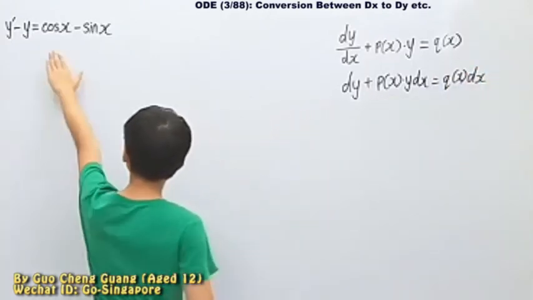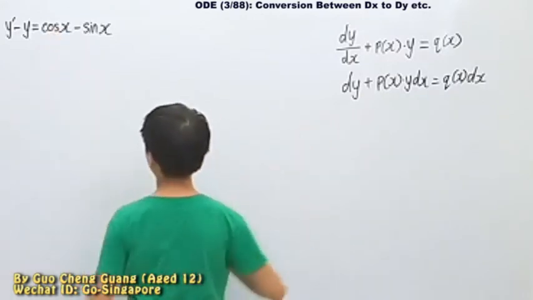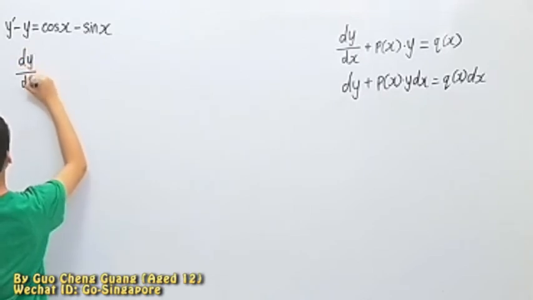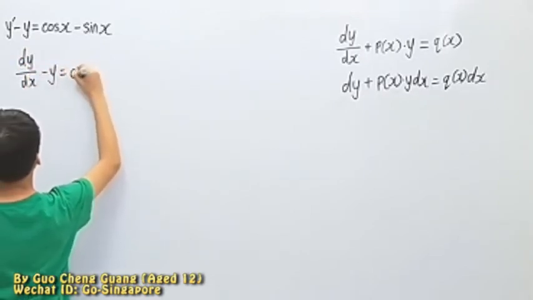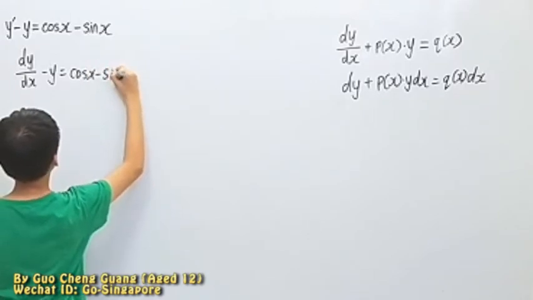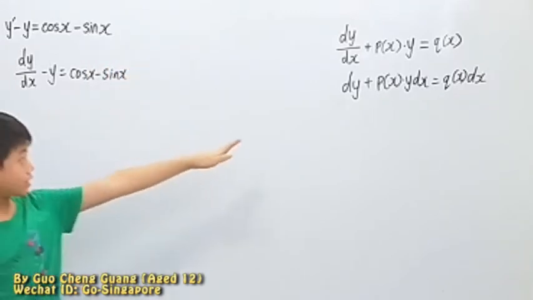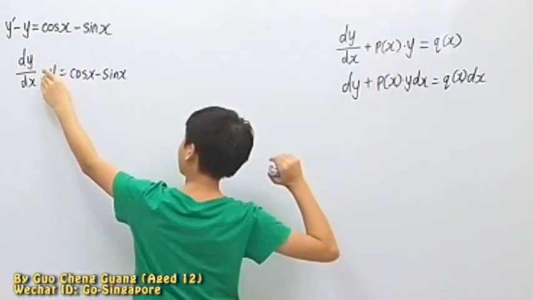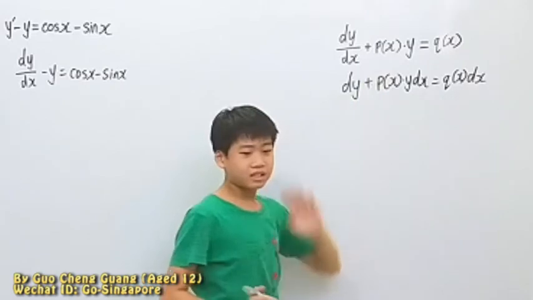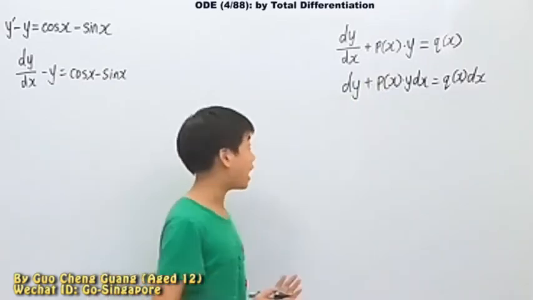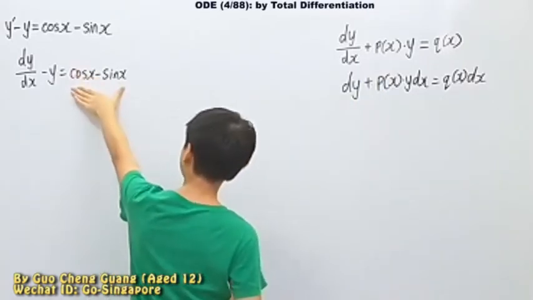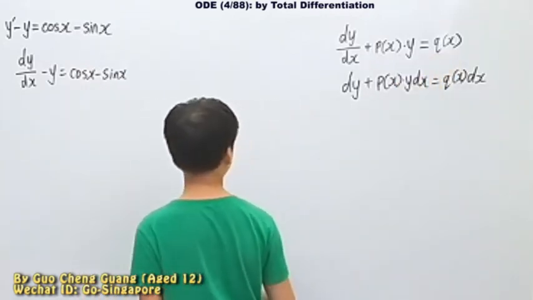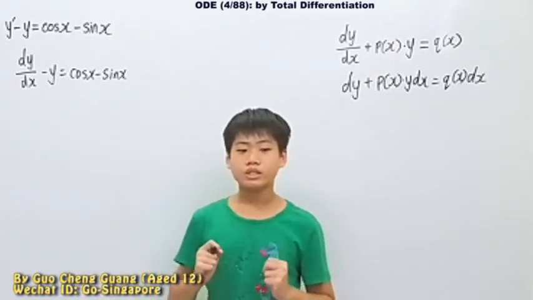Okay, can we try to make this into this form? But actually, this is already in this form. So y, yeah, here's matched. How about this negative? Well, p(x) is just -1, so it's fine. Then on this other side, they're all functions of x. So yeah, it can. Next, what is this IF?